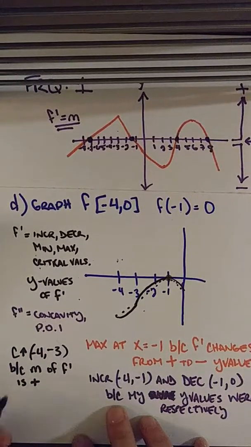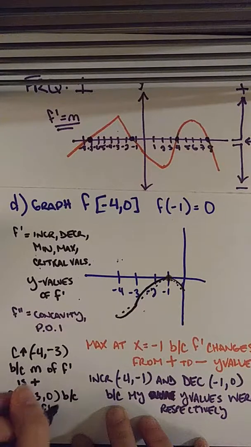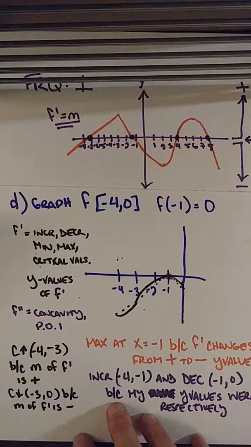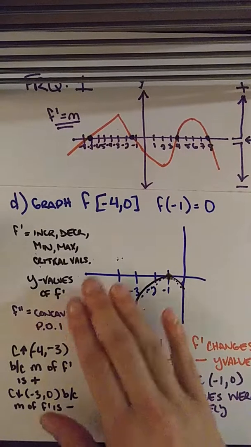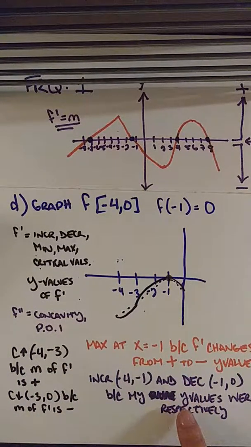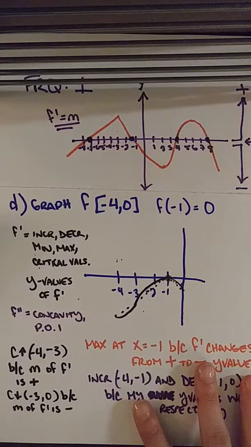There we go. And I knew I was concave down from -3 to 0 because the slope of f prime is negative.